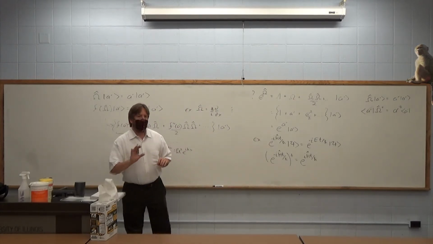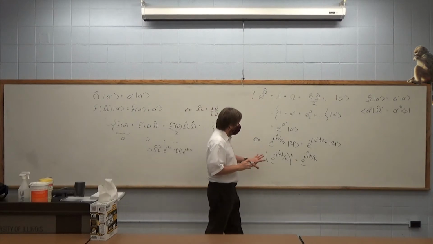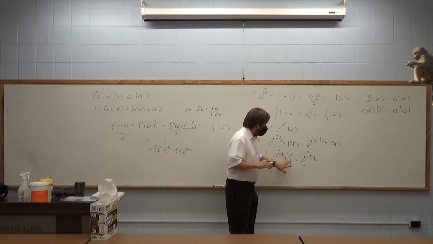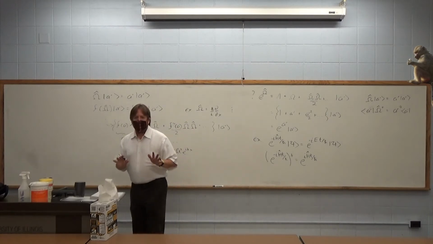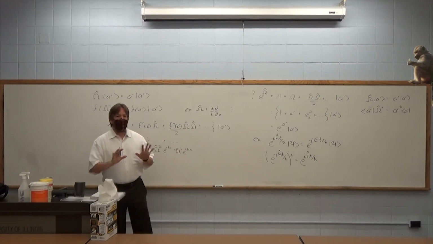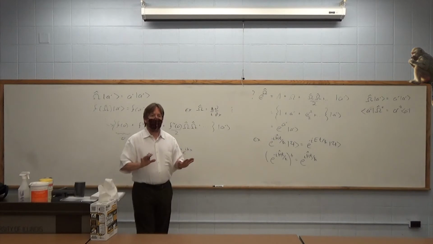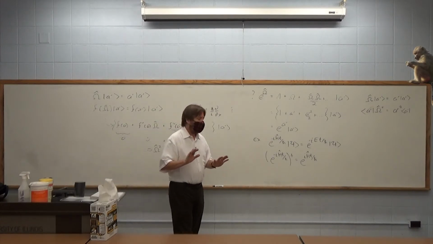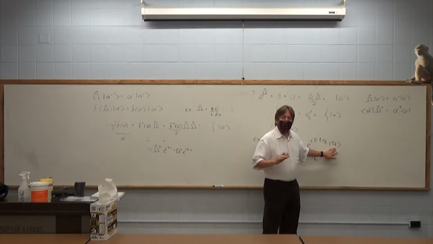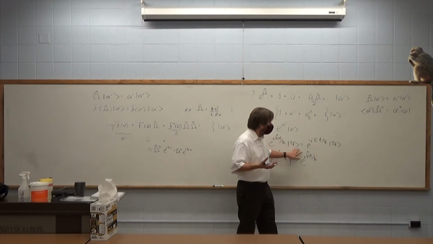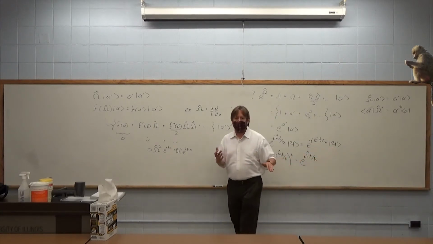It turns out that when we get to time-dependent quantum mechanics, the operator times its transpose has got to equal the number 1. That is the rule for time-dependent quantum mechanics, and we're going to cover that. What it means is that if the state is normalized at time 0, it will be normalized at time t.